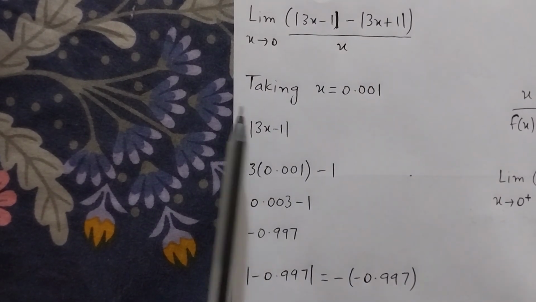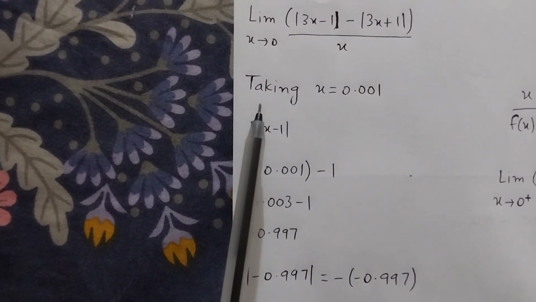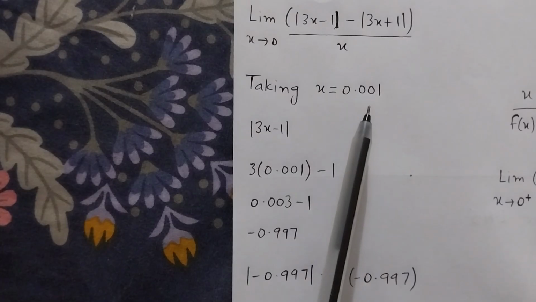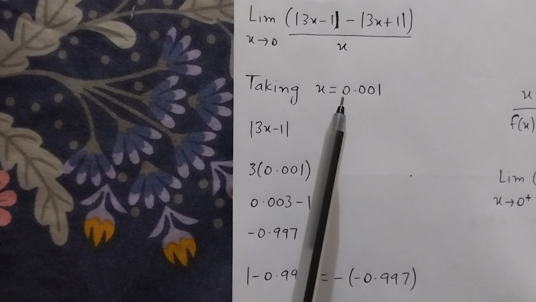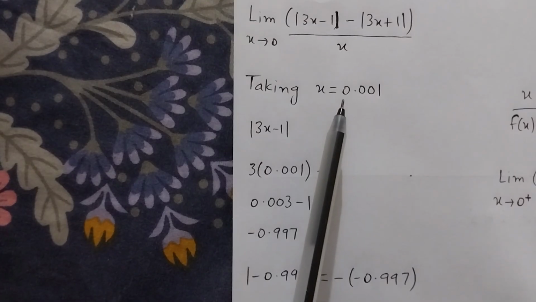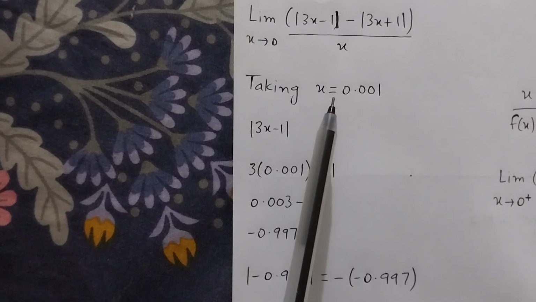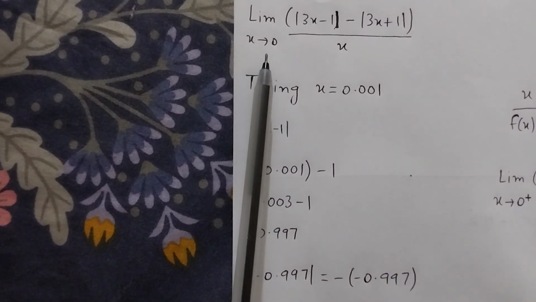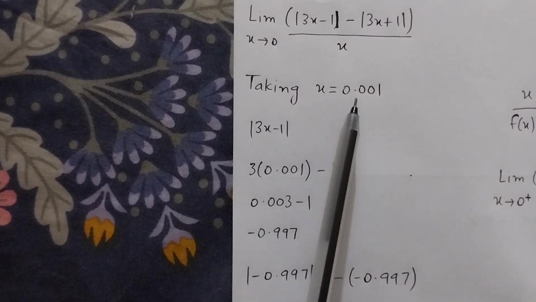Firstly, I'm taking x equal to 0.001, meaning I'm approaching from the right hand side, from the positive x-axis, because it is a positive value. And secondly, this value is not equal to 0, we are approaching 0. So this is very close to 0 but still not equal to 0.